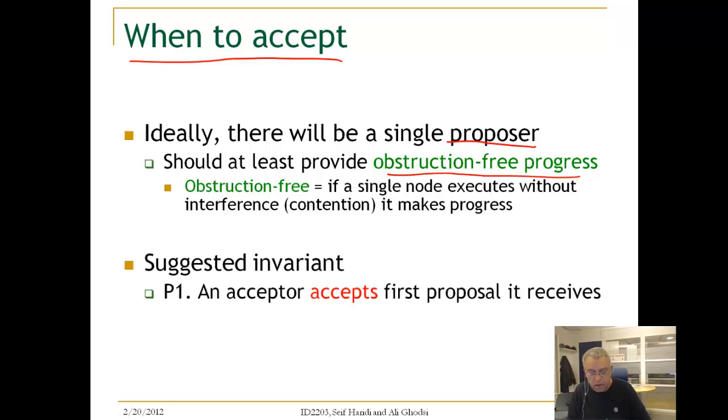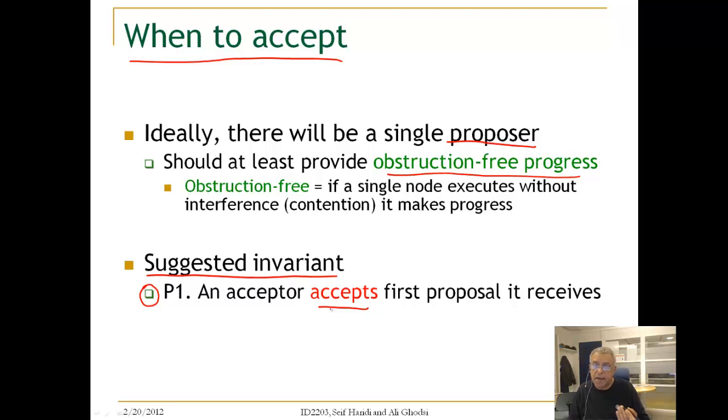We are trying to understand the algorithm gradually, step by step. So somehow we have to guarantee the following. For this algorithm to make progress, we have to have the following property. We call it an invariant, because we want this property to always hold during the execution of the algorithm. The property is P1: an acceptor accepts the first proposal it receives.